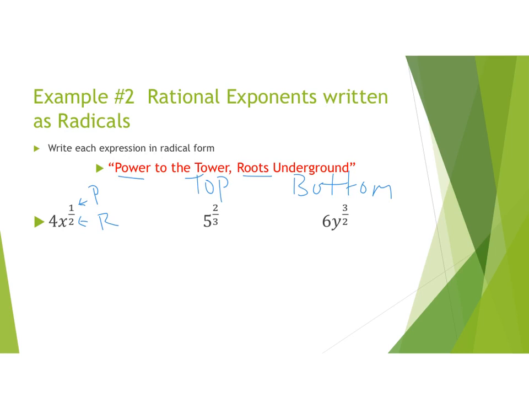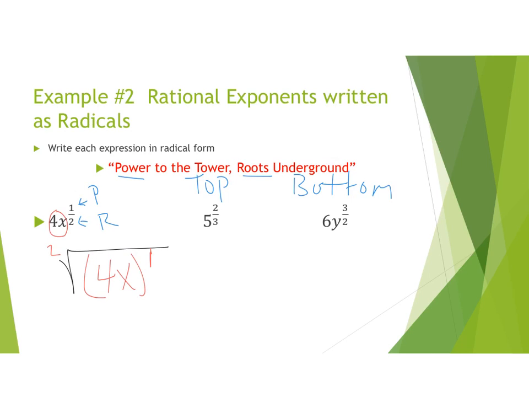Well, to rewrite this as a radical, let's start with the radical symbol. Our radicand is going to be the base, x, and our power is a power of 1 with a root of 2. We've rewritten it as a radical.